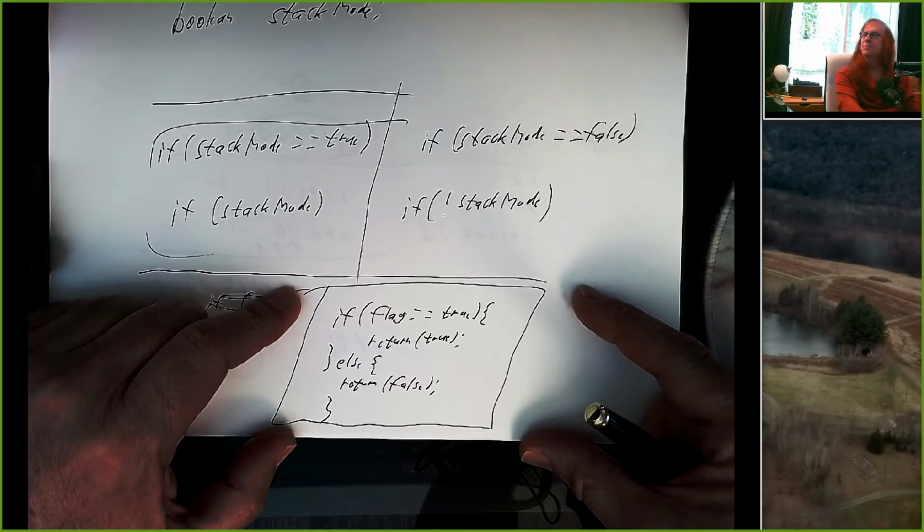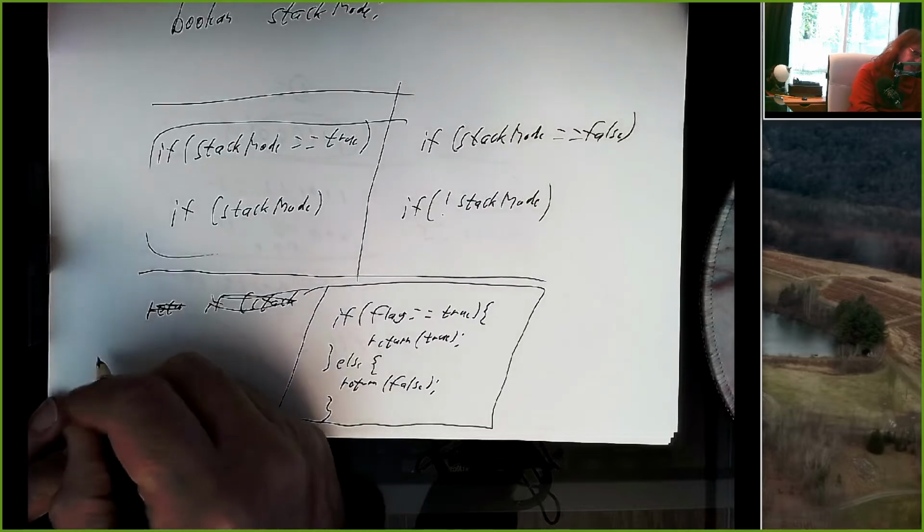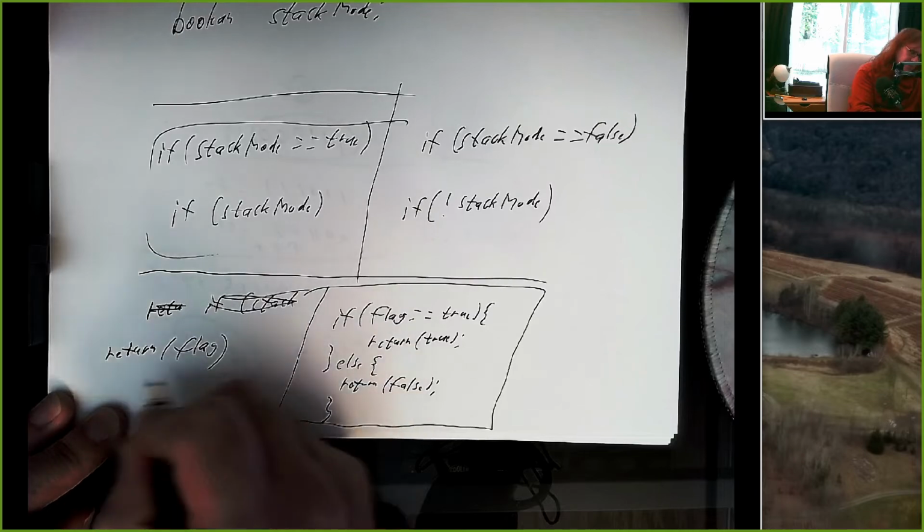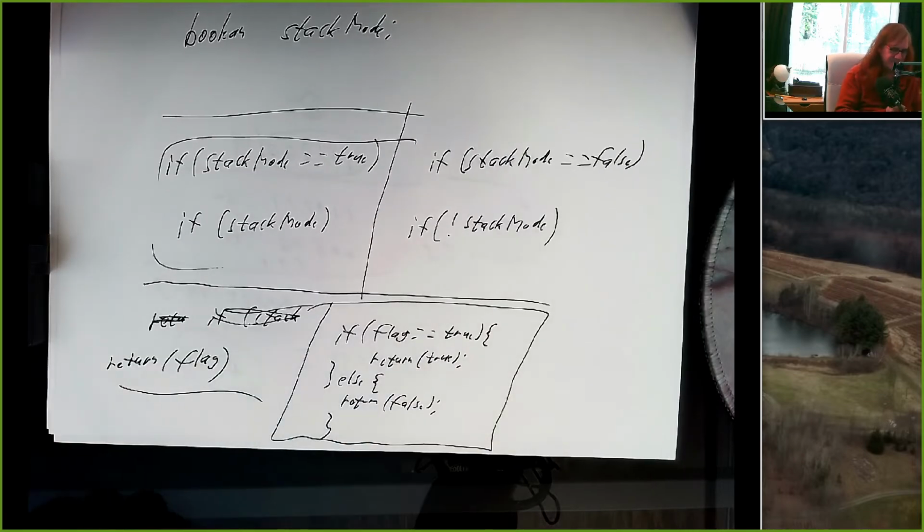It should return true. Yeah, and if flag is false, what's it going to return? False. Right, so it's going to return exactly the same value as flag has. So why not just say return flag? And that'll do exactly the same thing as this.